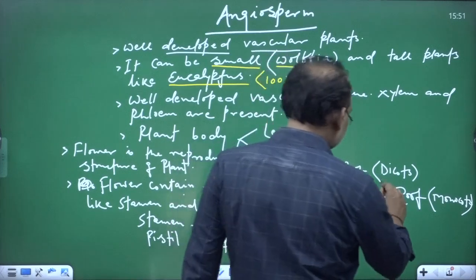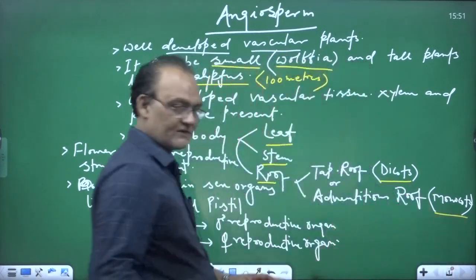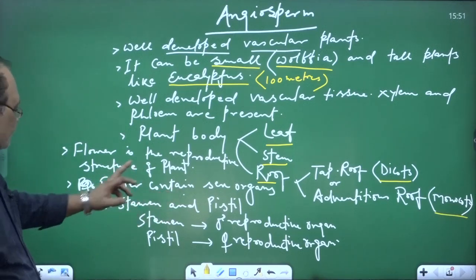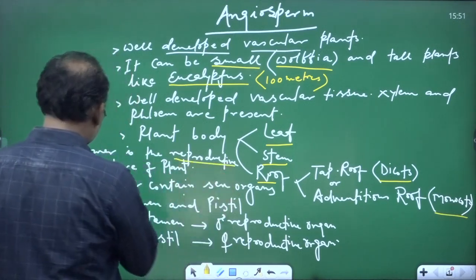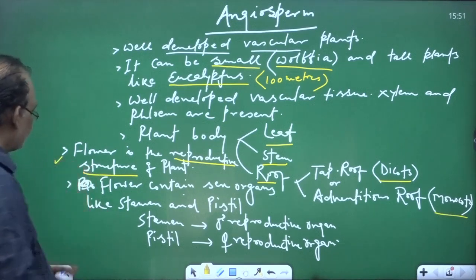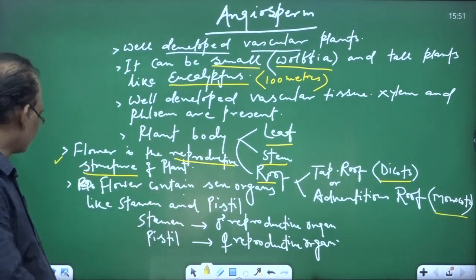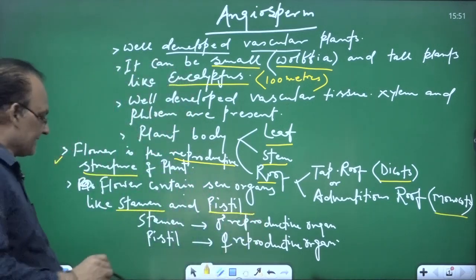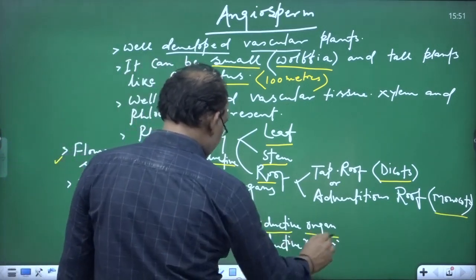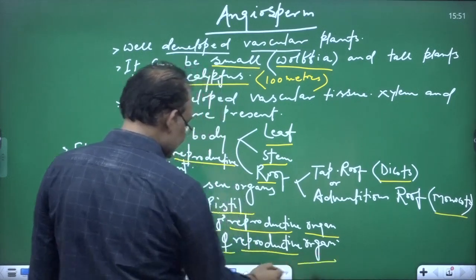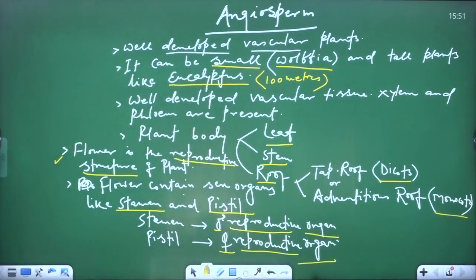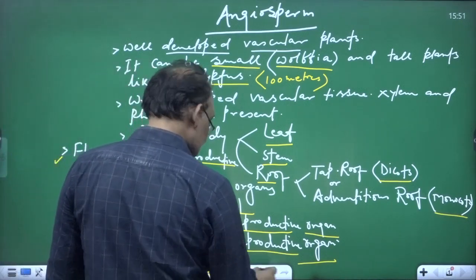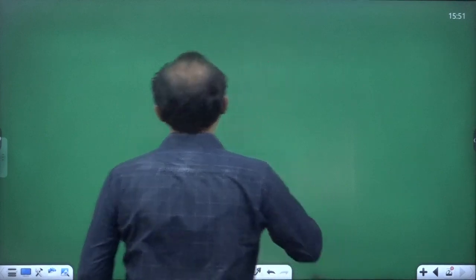Taproot is found in dicots and adventitious root is found in monocots. Flower is the reproductive structure of the plant and contains sex organs like stamen and pistil, right? Stamen is the male reproductive organ and pistil is the female reproductive organ. Is it clear? Okay, now we will discuss the structure of the stamen.